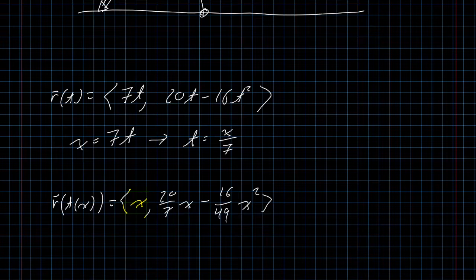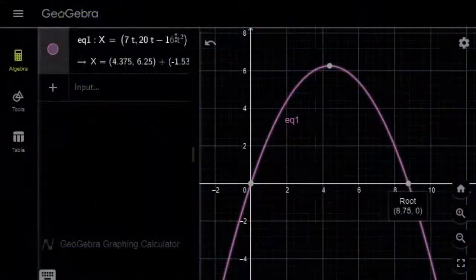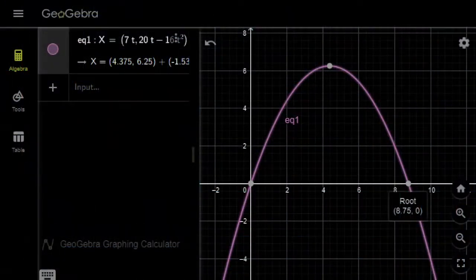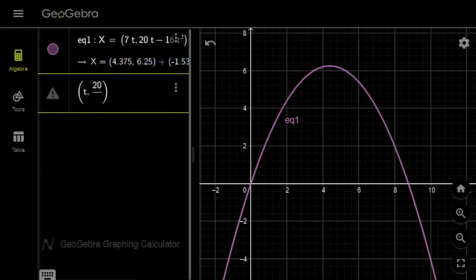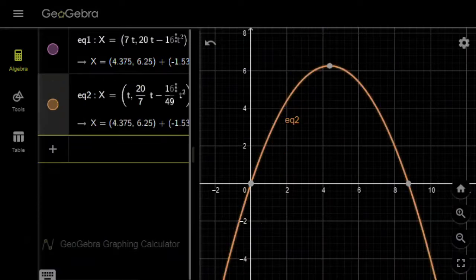It's a different question that we're asking, but it gives us the same kinds of information. And again, it looks weird because I have to use t again, but because that x component is the parameter, that's what we're looking for. And then we had 20 over 7 times t minus 16 over 49 times t squared. And you can see that it is giving us the exact same curve.